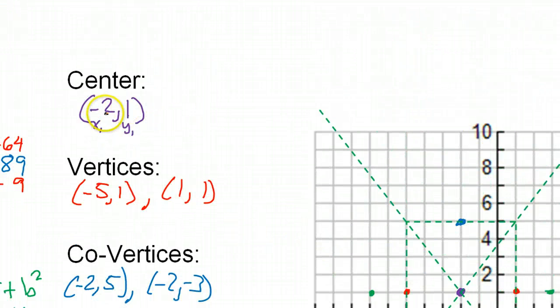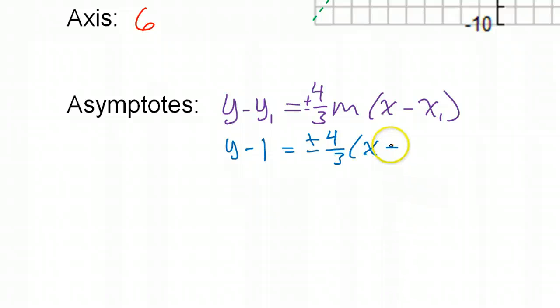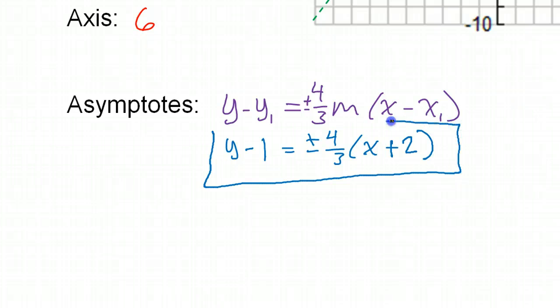It was negative 2. So I have to switch from negative to addition when I do this. So this will become plus 2. So this is really two equations, one with a positive and one with a negative. You can just leave it just like this. So those are the asymptotes.